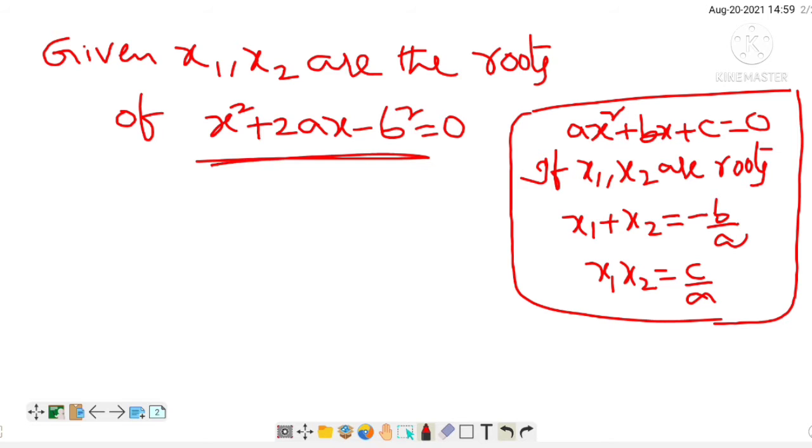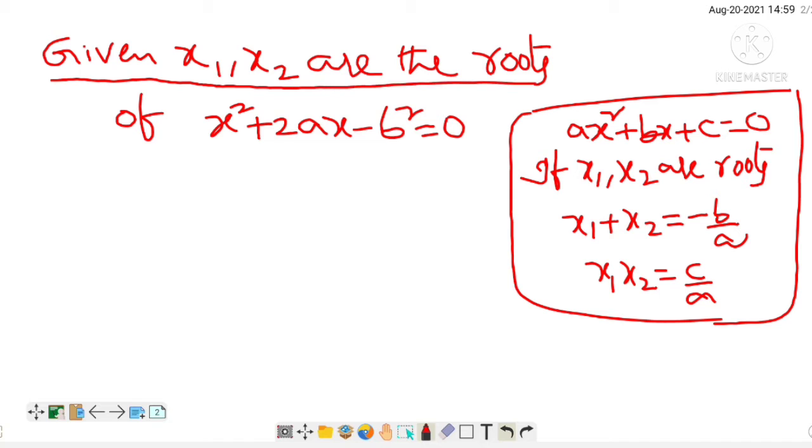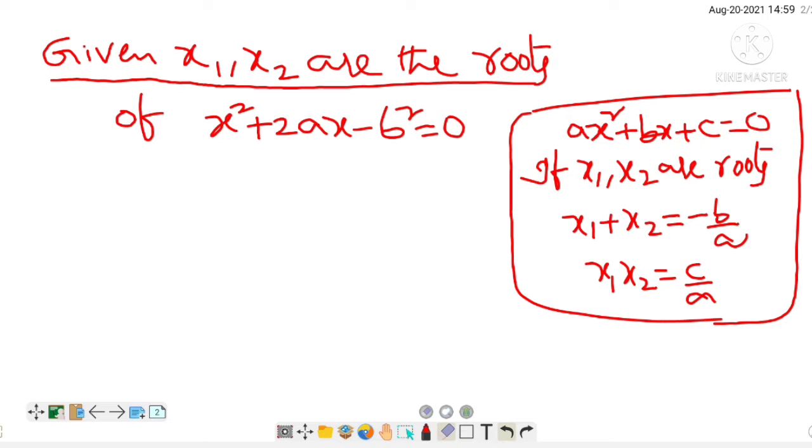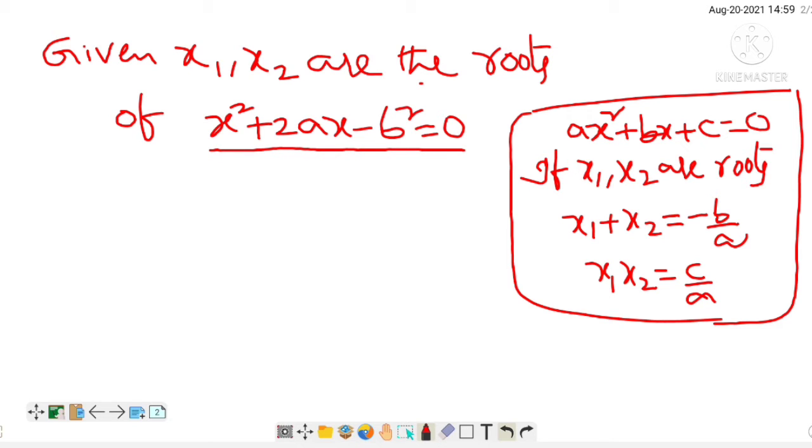So in this equation, given x1, x2 are the roots of the equation x square plus 2ax minus b square equals 0, right? So here x1 plus x2 is equal to minus b by a.